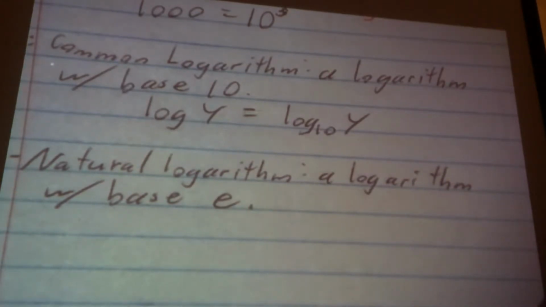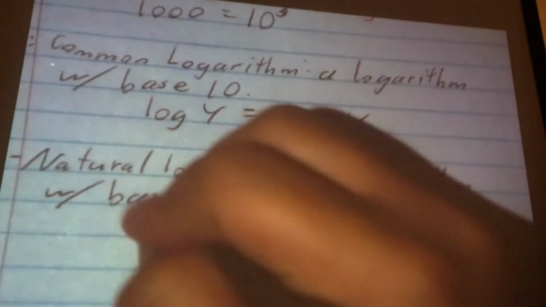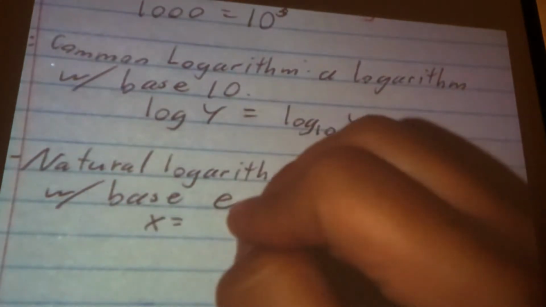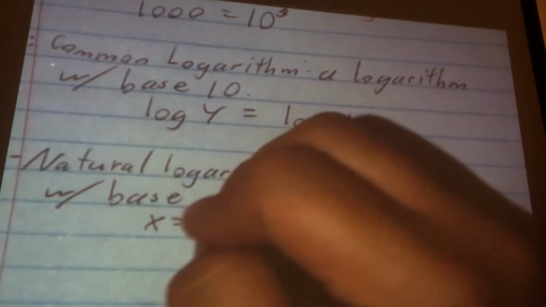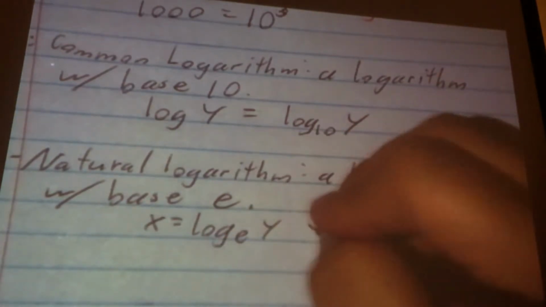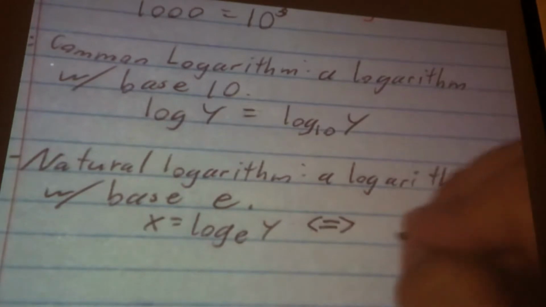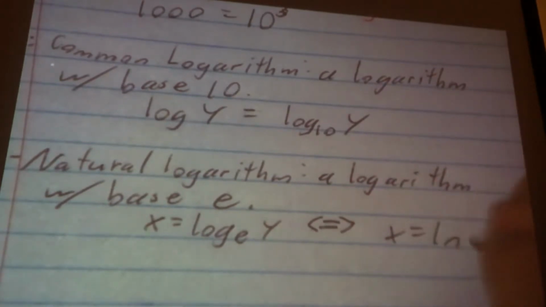This one is actually written as, so if you have something like x equal to log base e of y, you can rewrite this as x is equal to ln of y, or natural log of y.